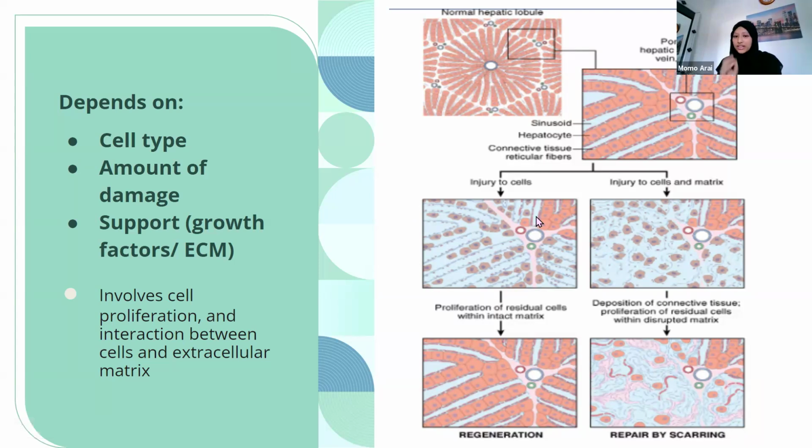Now, this picture, he put it just to show you, he put a lot of pictures in his slides. The most important things to know are the patho images, because they can come up in your exam, in OSCE and so on, OSPE, sorry. But this is just to show you the same thing, regeneration versus repair. You can see that regeneration is completely back to normal.